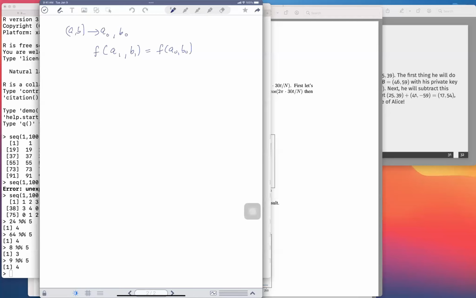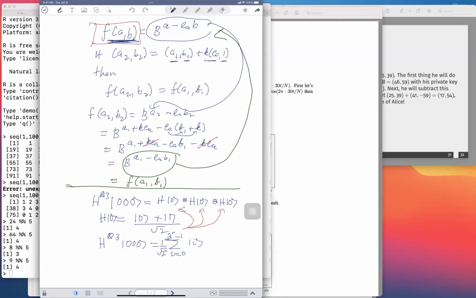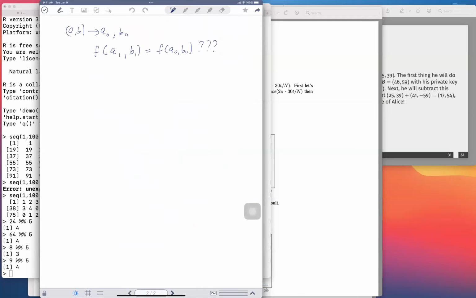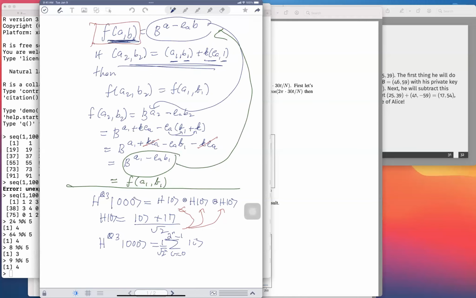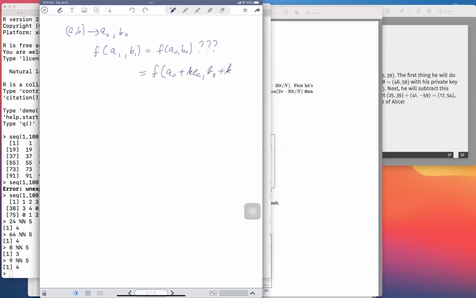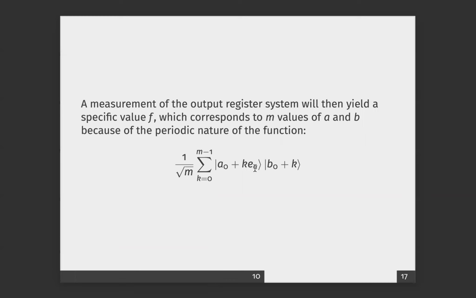Okay, according to this, it should be A0 plus KE, and B0 plus K. If you take a look at this, A0 plus KE, comma B0 plus K, that is this one here.